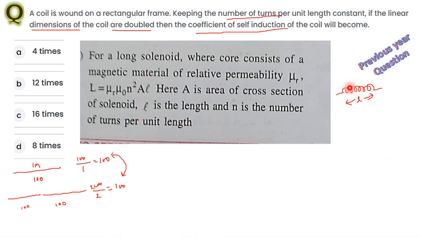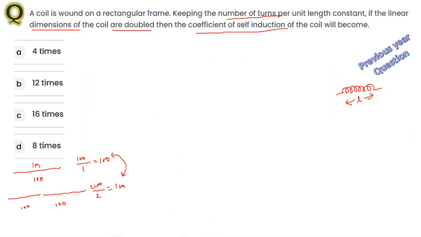Similar concept: this is a coil in a circular shape, the same as what is wound on a rectangular frame. So the self inductance, coefficient of self induction here, is mu naught mu r n square, with area A and length L. Now for the first case, L1 equals mu naught mu r, which is not going to change, n square, the number of turns per unit length, also constant, and the area is going to change.